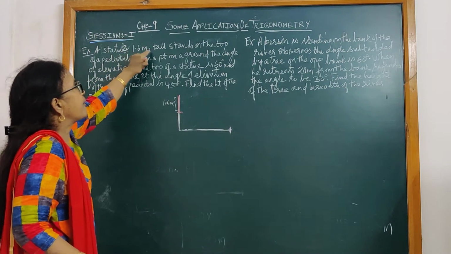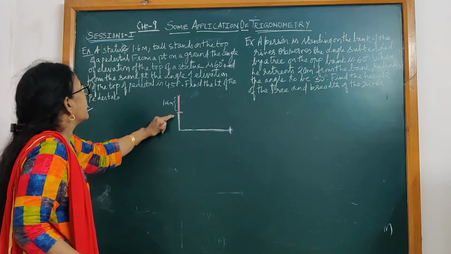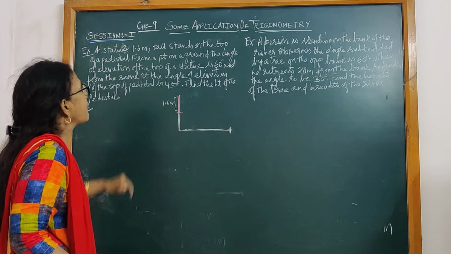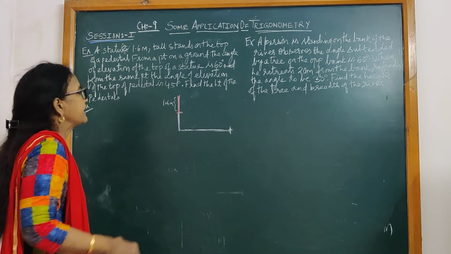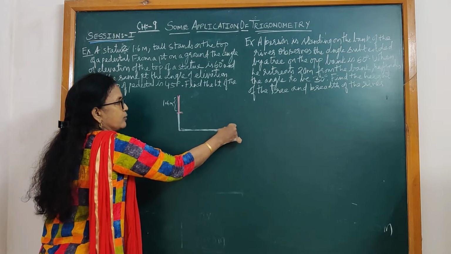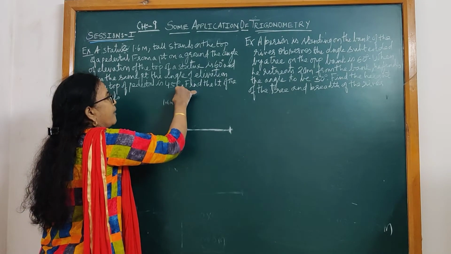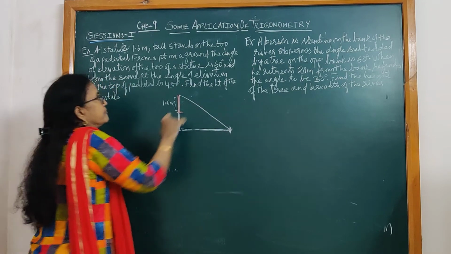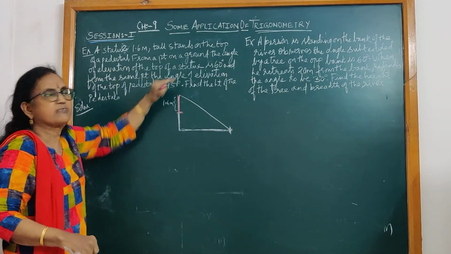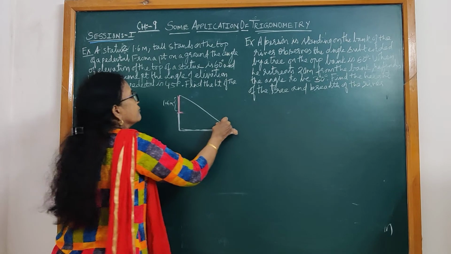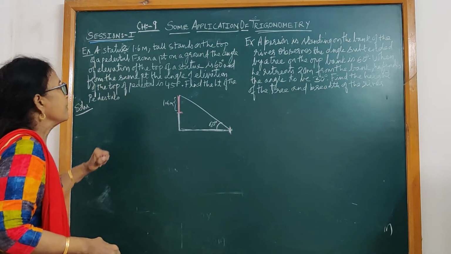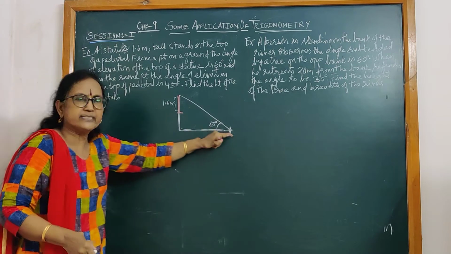A statue of 1.6 meter tall stands on the top of the pedestal. So this is your pedestal on which it is. From a point on the ground, angle of elevation. Now this is a point on the ground. You are looking at the top of the statue. From a point on the ground, angle of elevation of the top of the statue is 60 degree. So this angle becomes 60 degree. From the same point again.